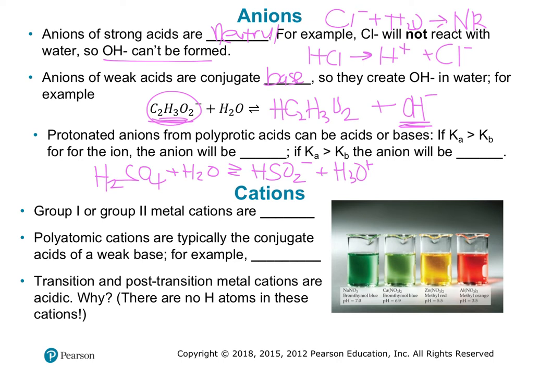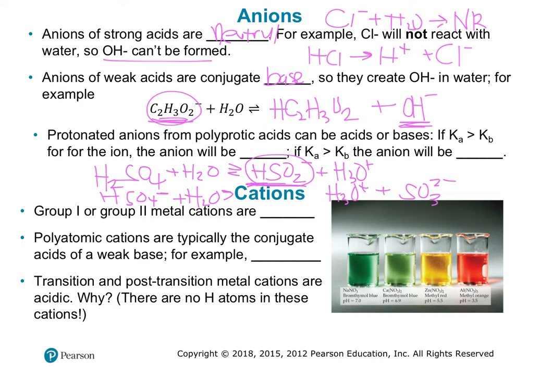Then that second hydrogen, so now our conjugate base here, can react with water. This conjugate base, what can it do? It can either react with water to form, again, H3O plus and now sulfite.